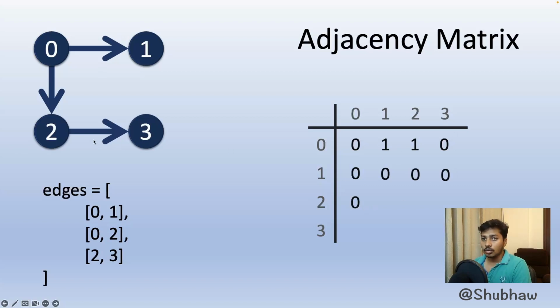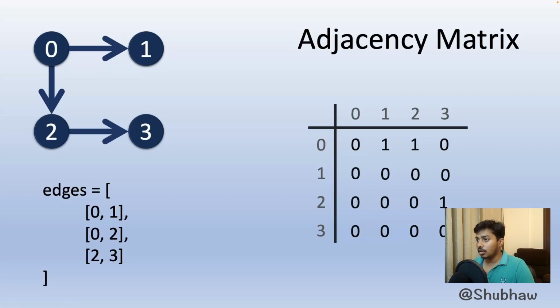From 2 to 0 again there is no path, only a path from 0 to 2, so we put 0, and again 0 0. Now 2 to 3 there is a path, so we put 1, and then 0 0 0 0, because there are no paths. So this is how the adjacency matrix for a directed graph will look.